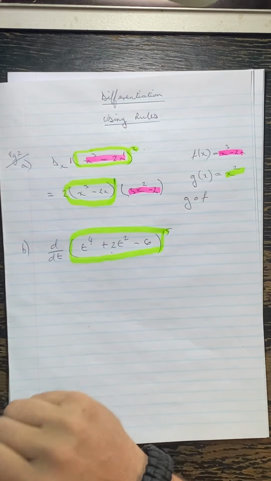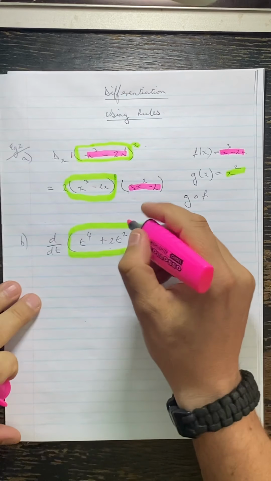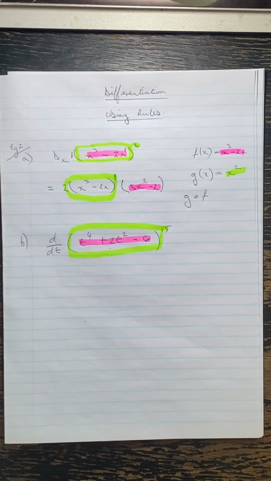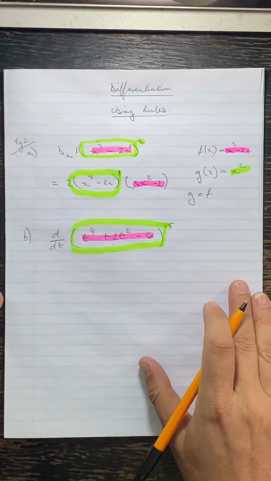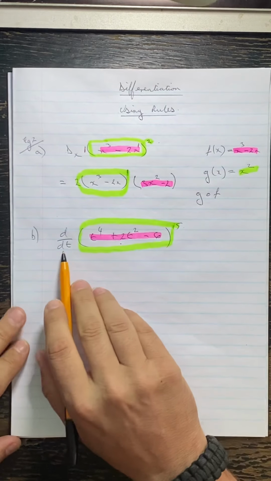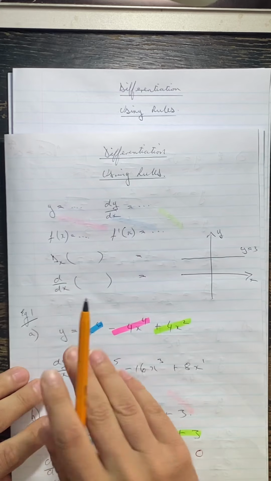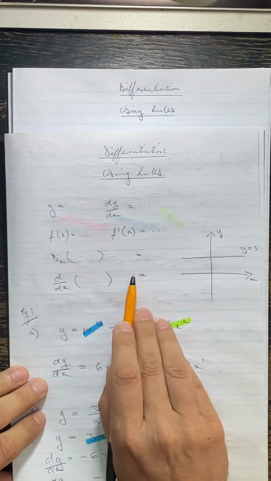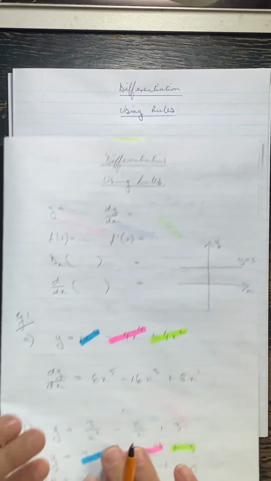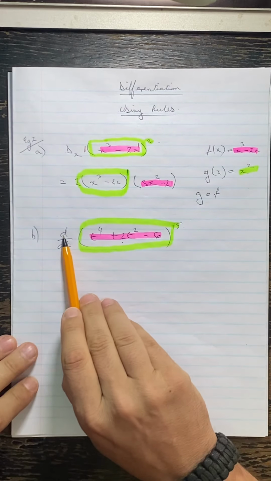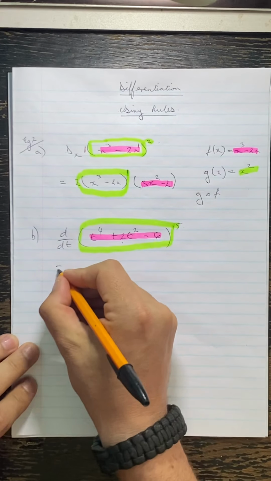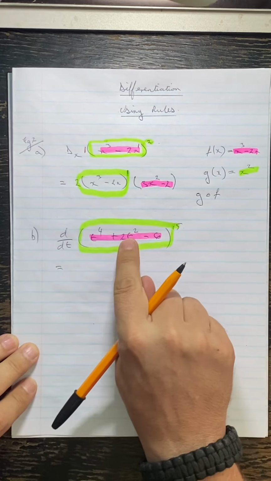Then we have an inside function, which is this t to the 4 plus 2t squared minus 6. Again, they've asked us in this form, when we've got something like d by dx, but in this case it's d by dt, it's the same thing, of something, we don't write anything, we just go straight into the derivative. So this is saying, differentiate this whole thing with respect to t. So it's chain rule, with an outside function and an inside function.